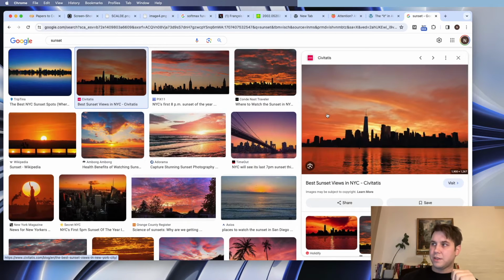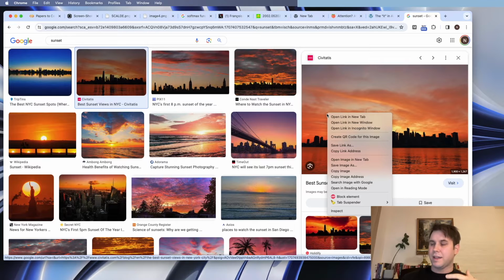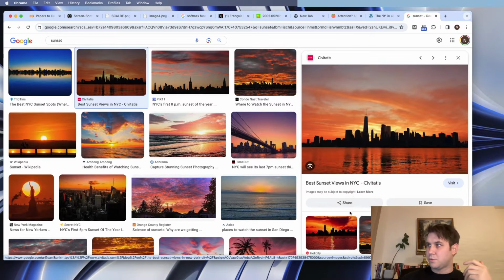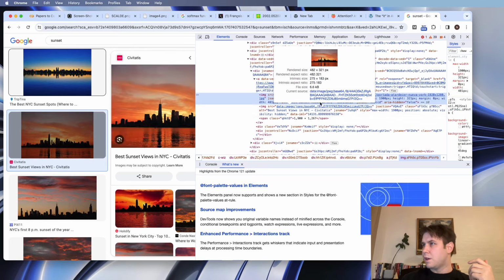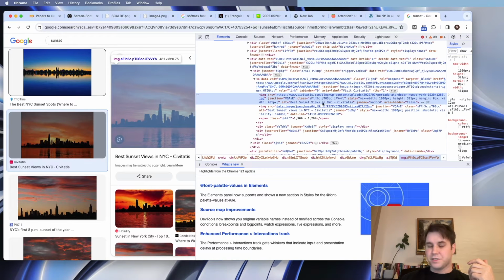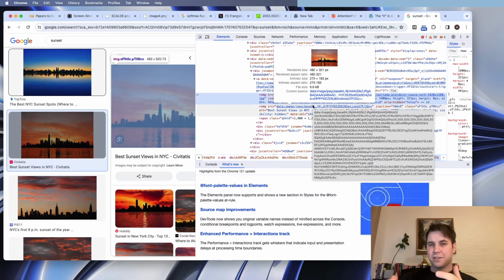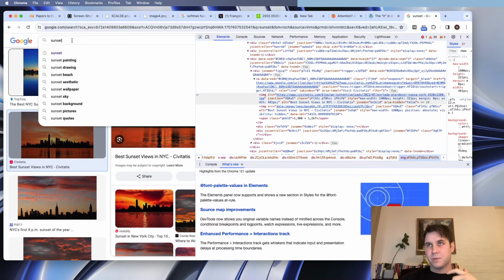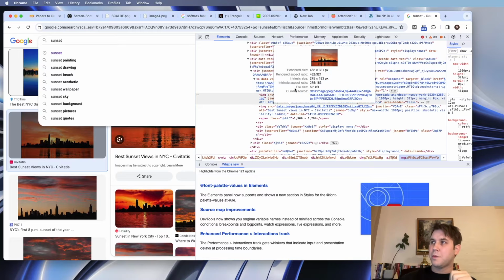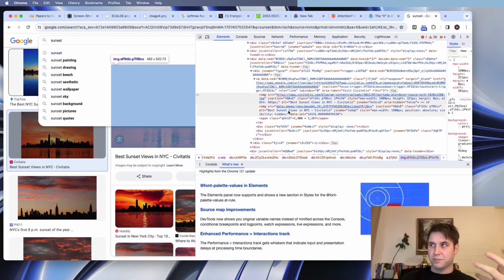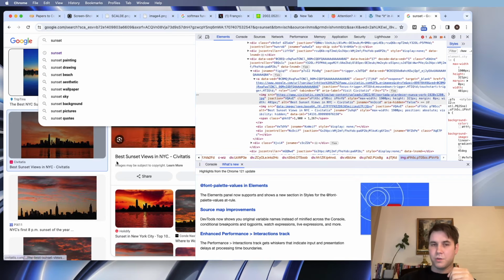Well, each of these images has some metadata, like captions or alt text or something like that. Best sunset views in New York City. So these act as the keys. So the query we put in here, and it matches in similarity against a bunch of keys. In this case, well, it's more complicated for Google search, but pretend it's just matching the alt text and the metadata here. These are the keys, and then the keys are attached to specific pictures. So that's kind of the database overview.